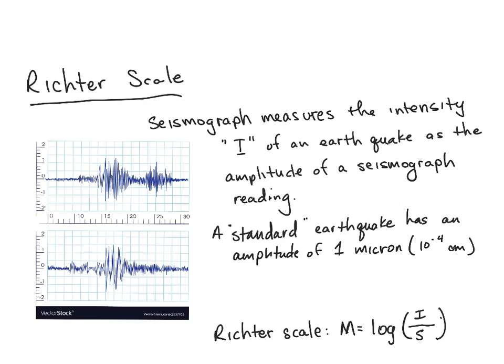And that's called S. A standard earthquake has an intensity of 10 to the negative 4. That's what S is right here. And then I is that amplitude measurement on the seismograph. And that's the Richter scale. M for magnitude is log of I, the intensity, divided by S, which is the standard intensity earthquake of 1 micron.